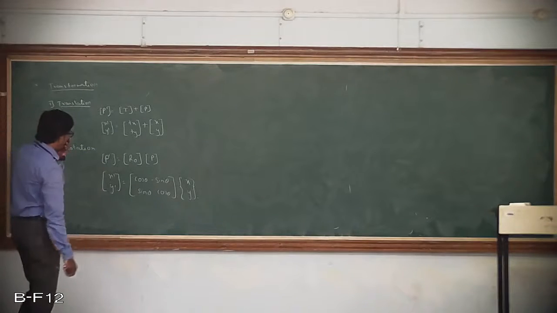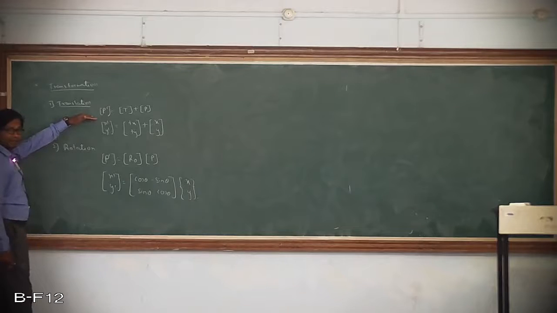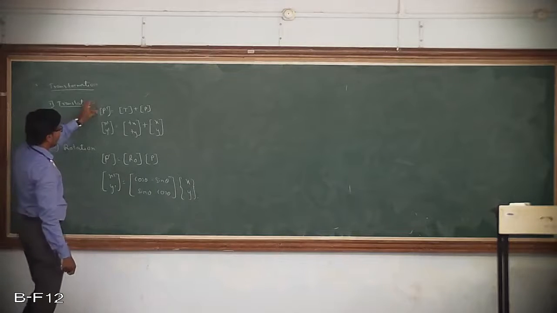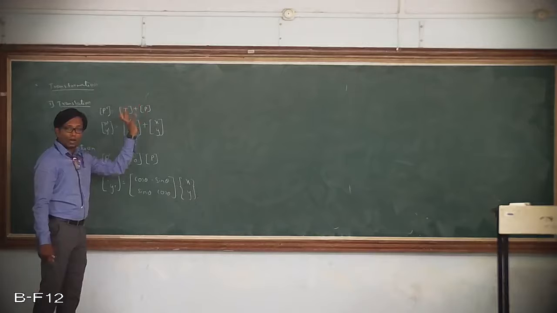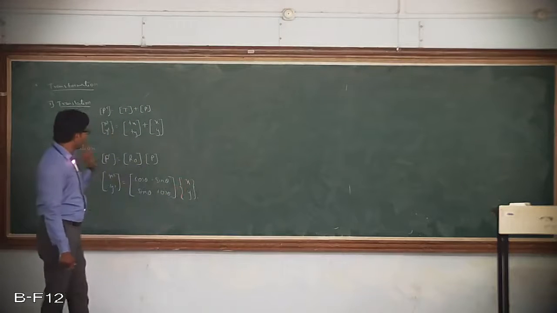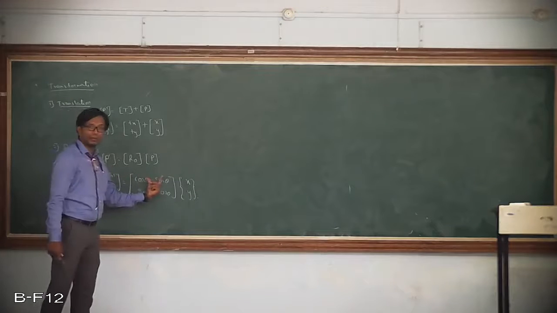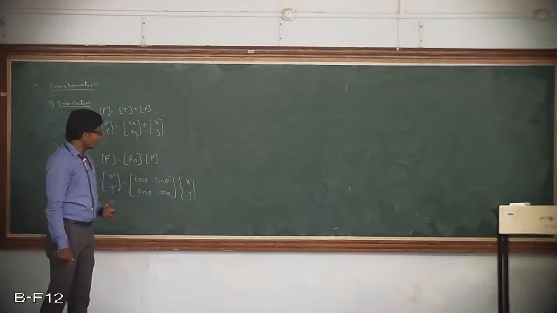So if you observe, this is a translation operation where we are doing an addition. We have to add the translation parameter to the original coordinates to get the final coordinates. Here we are doing a multiplication.